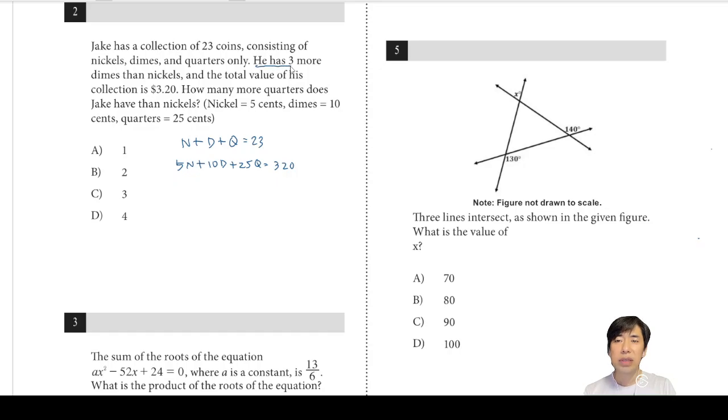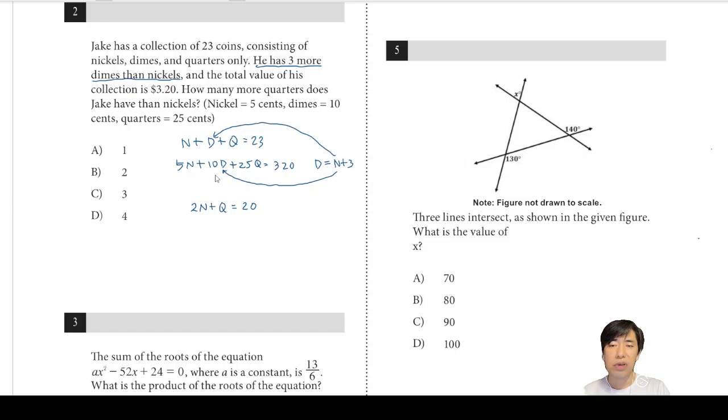Okay, and this one says he has 3 more dimes than nickels. So you've got more dimes, okay? So D is equal to N plus 3. You can replace D with N plus 3 in the first equation, and it becomes 2N plus Q is equal to 20.